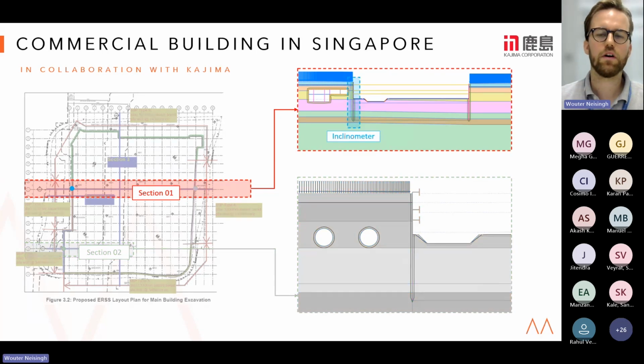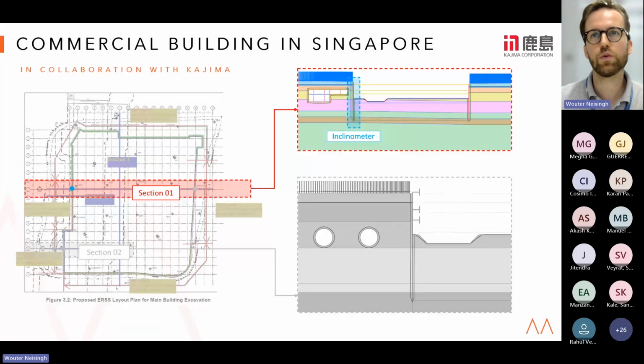Now, in this webinar, for time and for the scope that we have available today, I'm only going to focus on section 1, and only on the behavior of one inclinometer. You see it listed there on the screen as well. In reality, many more instruments and many more tools were used as well. So please keep that in mind.